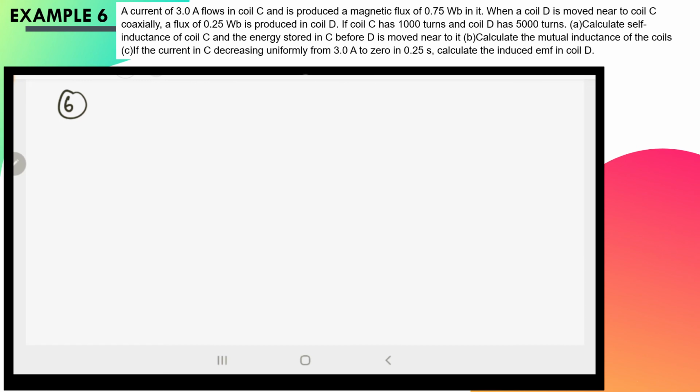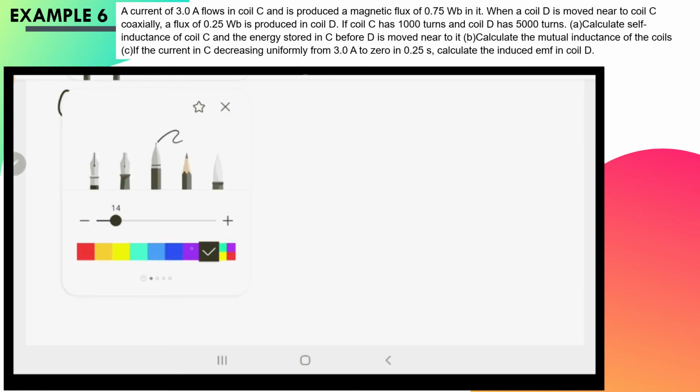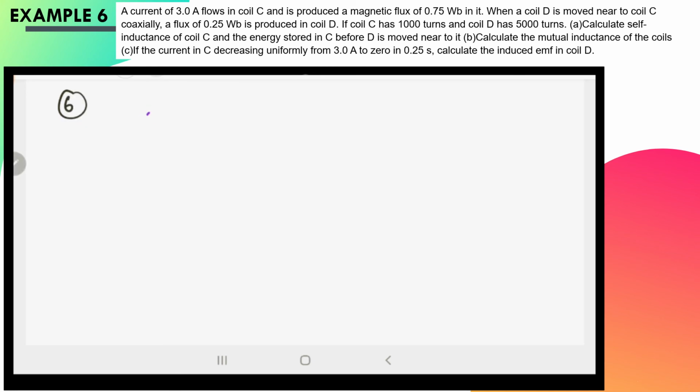Okay, example number 6: a current of 3 ampere flows in coil C and it produces a magnetic flux of 0.75 Weber in it. So in this case, we have two coils.